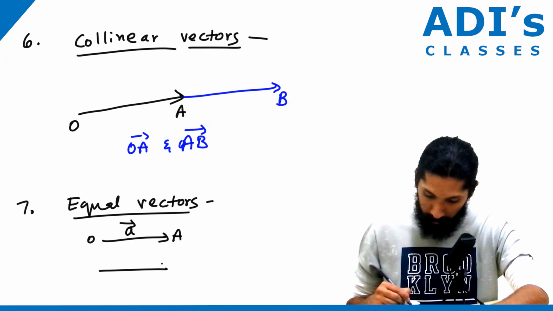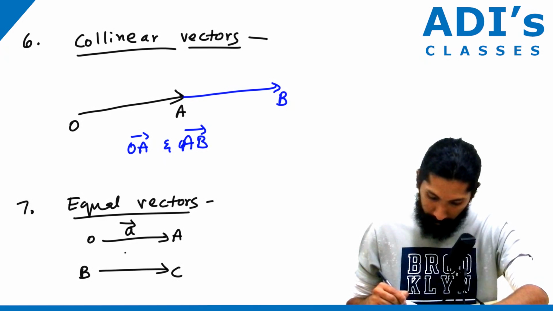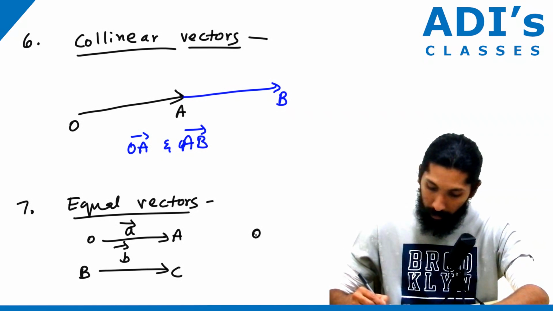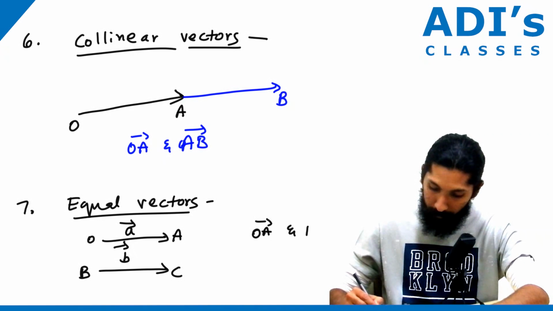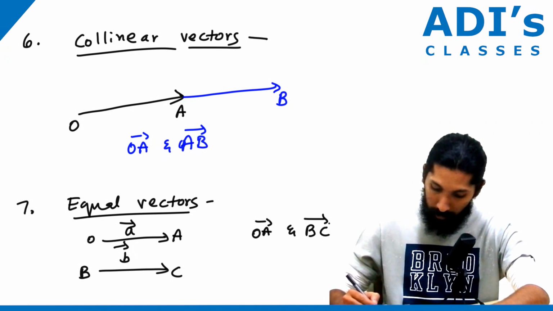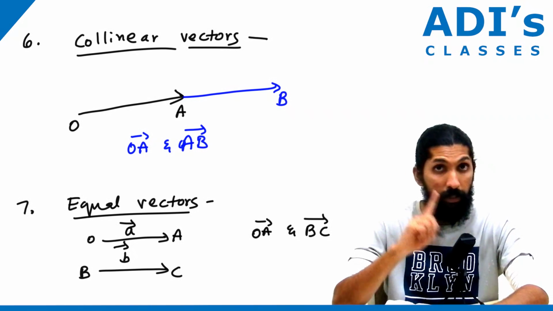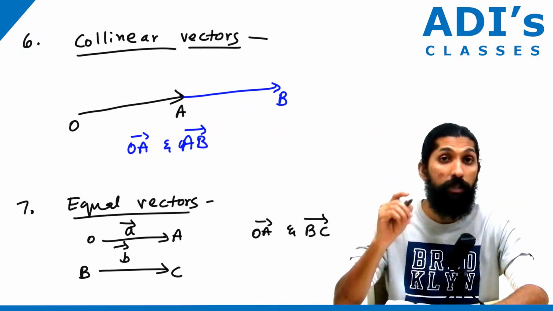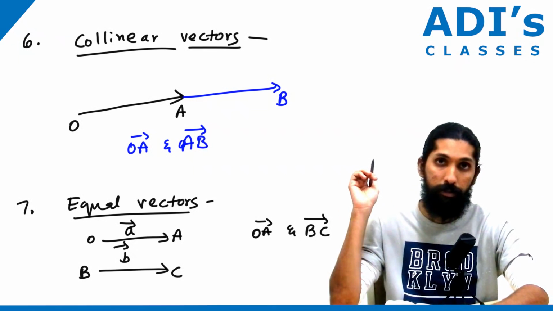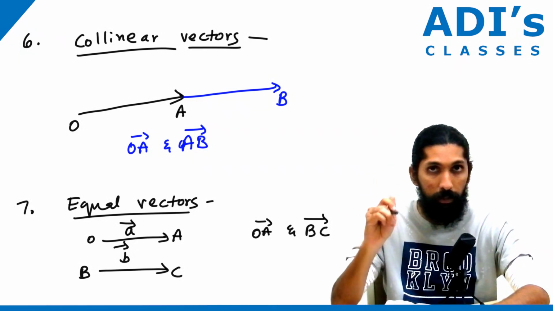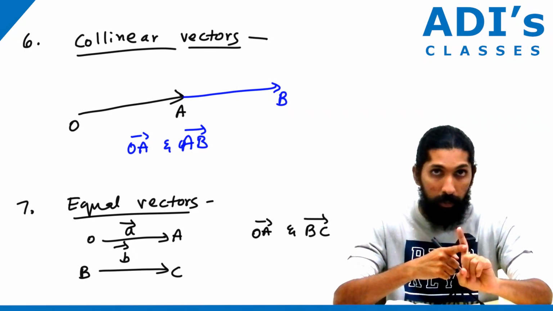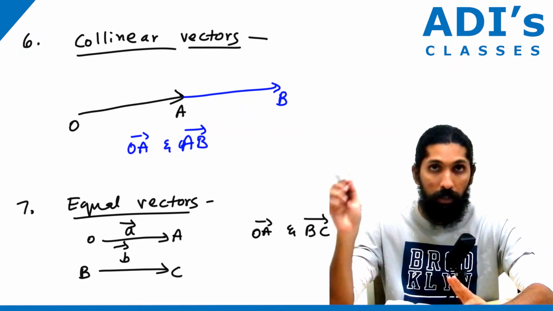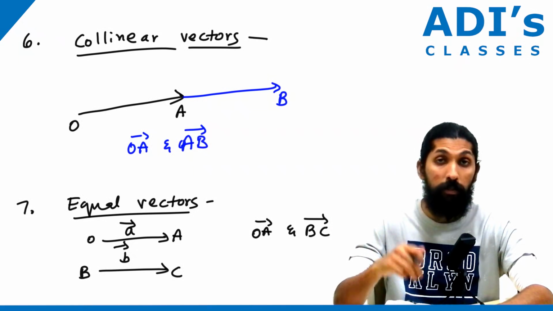Say this is BC, which is vector B. Now, here OA and BC are equal vectors because, 1, they have the same direction, and 2, they have the same magnitude. Only then they are called equal vectors. Clear? Let's look into the next one.